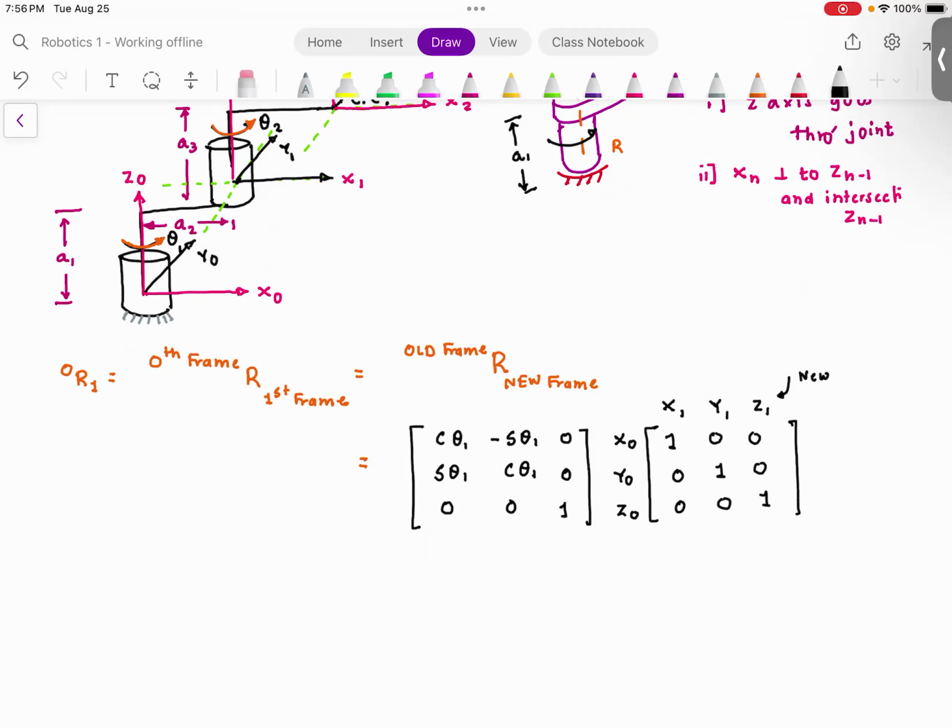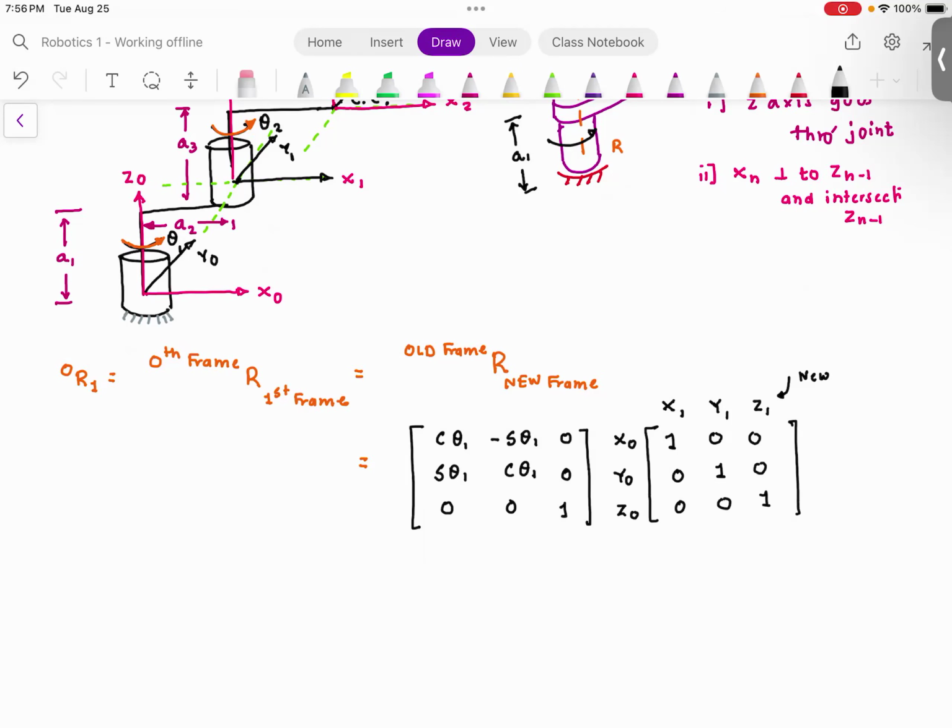So there is the translation between the frames, and we need to capture this translational information. So what we are going to do is we are going to write homogeneous transformation. Homogeneous transformation is a 4x4 transformation that captures the rotational information, rotation transformation, and translational transformation.